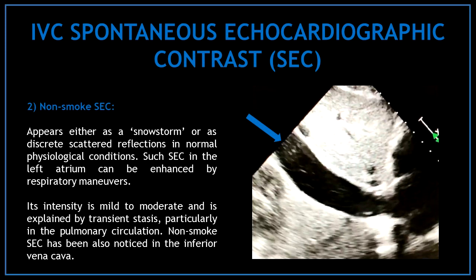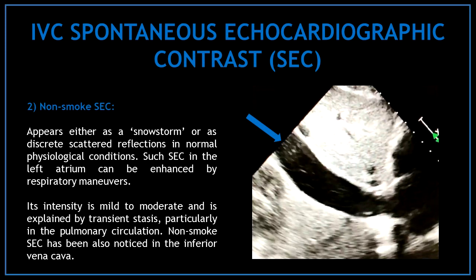The second type is the non-smoke spontaneous echocardiographic contrast. It appears either as a snowstorm or as discrete scattered reflections in normal physiological conditions. Such spontaneous echocardiographic contrast in the left atrium can be enhanced by respiratory maneuvers.